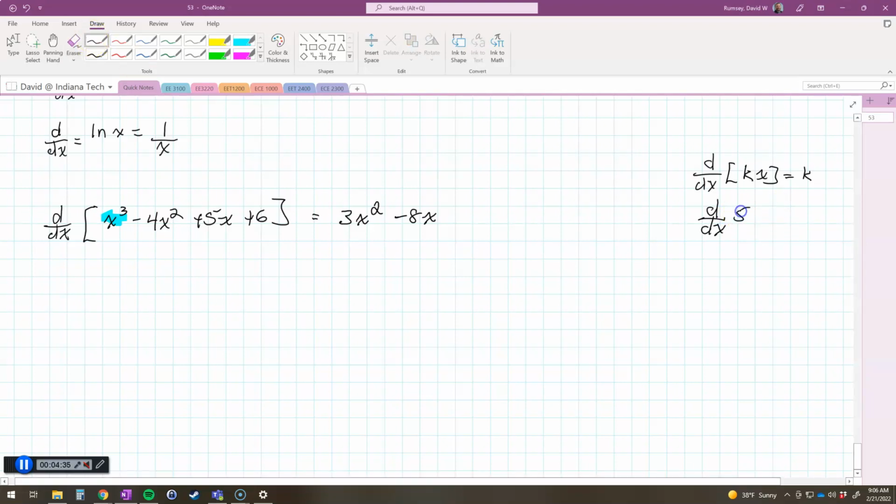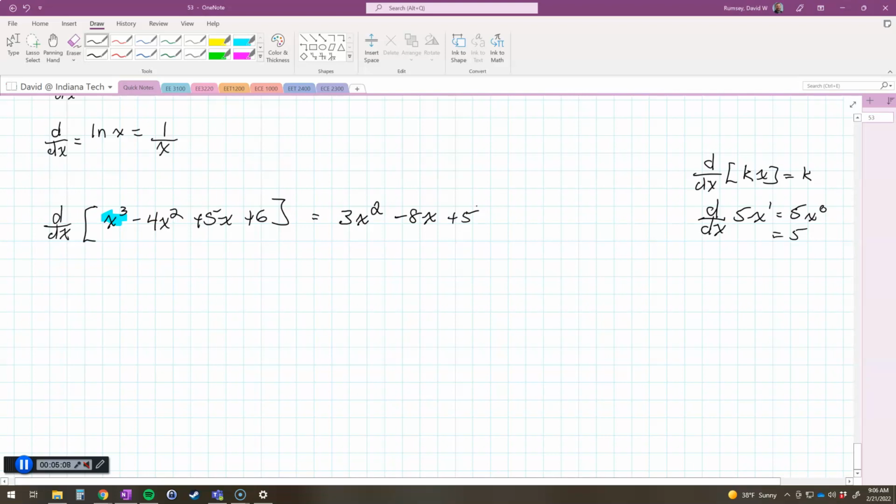If I think of this as 5x to the first power, that would just be 5 times 1, which is 5, x to the 0 power, but then anything to the 0 power is just 1, and so I get 5. So either way you can remember it. I just remember that whenever you just have 5x, you just get that number that comes down in front, so you get 5. And then a derivative of a constant is always 0, so the derivative of 6 is just 0. So that would be my derivative of this function here.